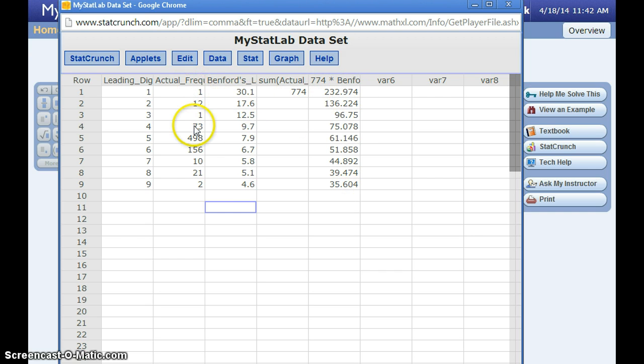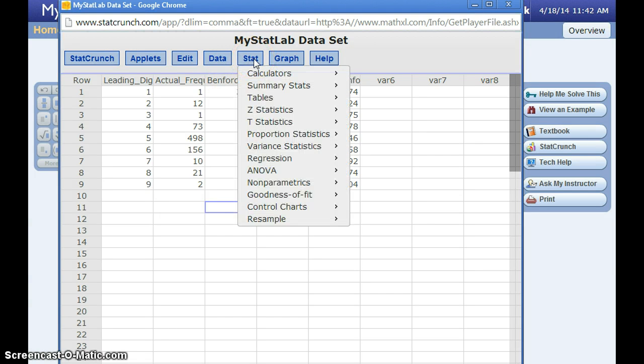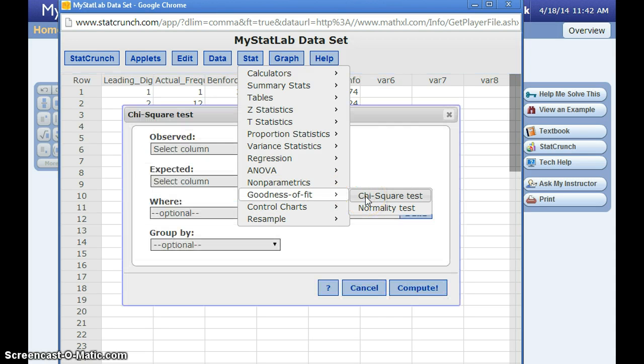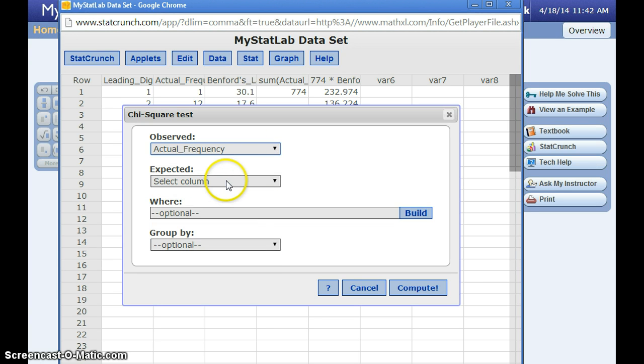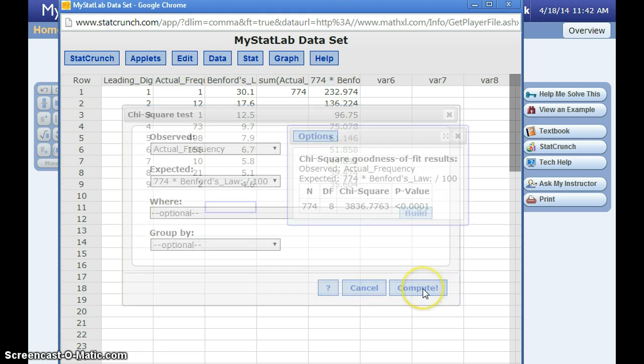Now here's our observed, and here's our expected. If we want to do this by hand, we would just take observed minus expected, square that difference, divide by expected, and then add them up. But StatCrunch can do this for us as well. If we go under Stat and choose goodness of fit, a chi-squared test, the observed are in the actual column, the expected are in the big calculation column we made, and I just hit Compute.